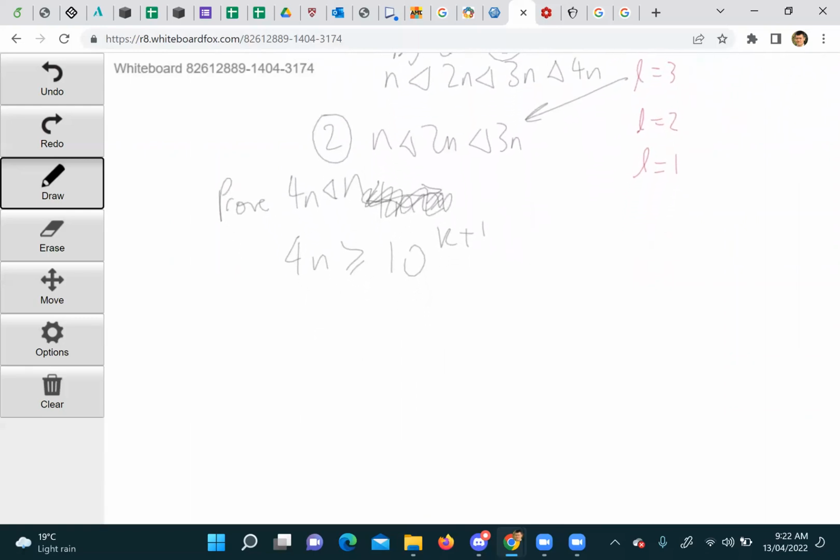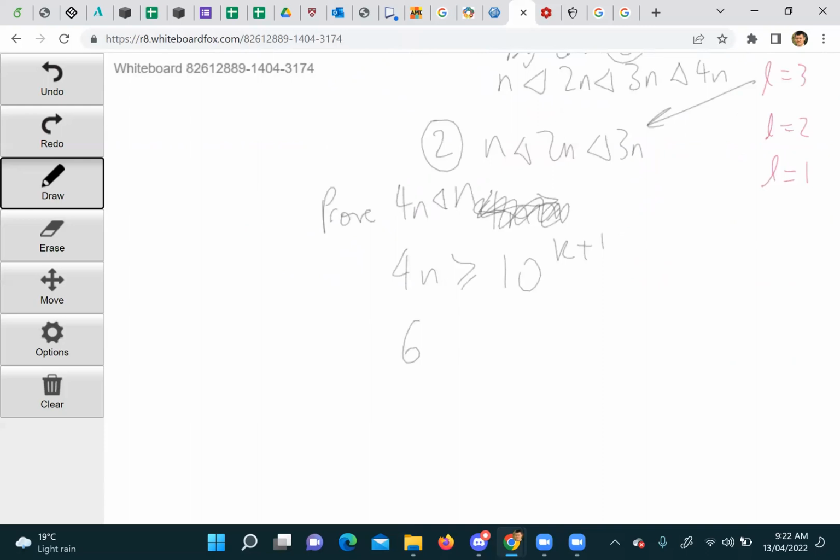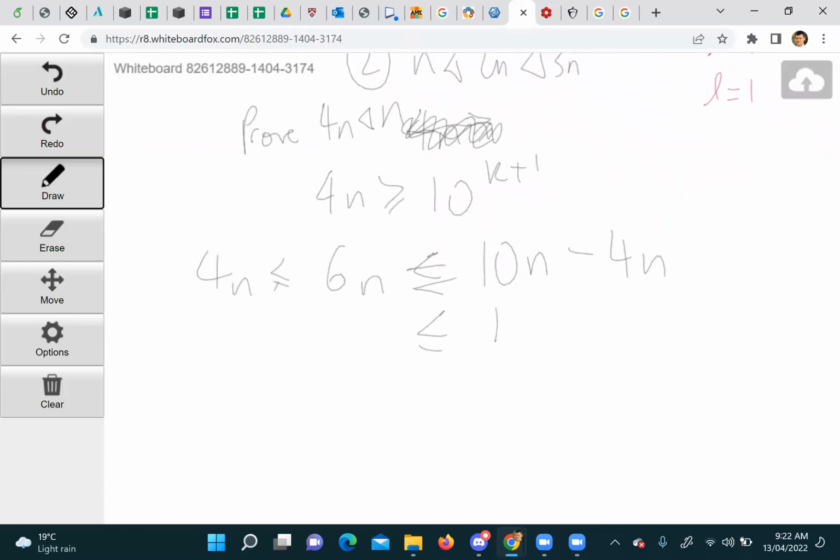So if 4n is bigger than 10 to the k plus 1, then 4n is less than 6n, which is less than or equal to 10n minus 4n, and that's less than or equal to 10n minus 10 to the k plus 1, right?